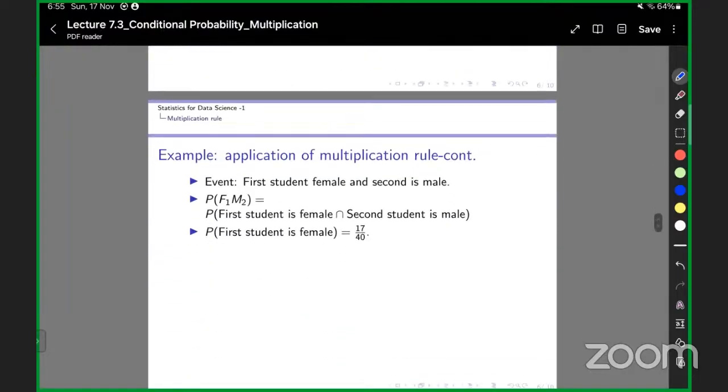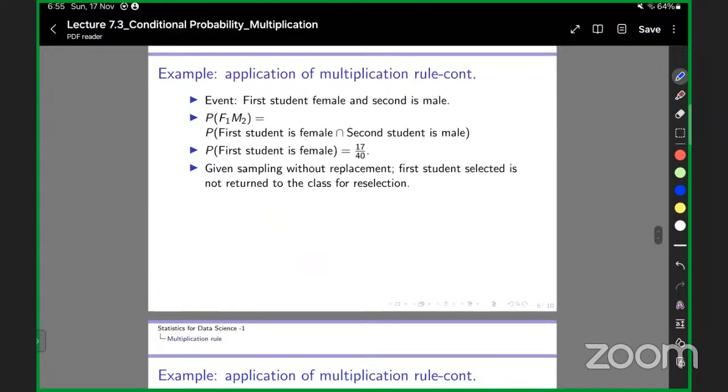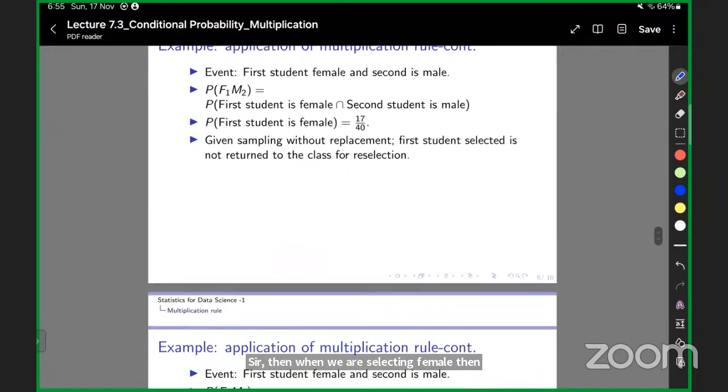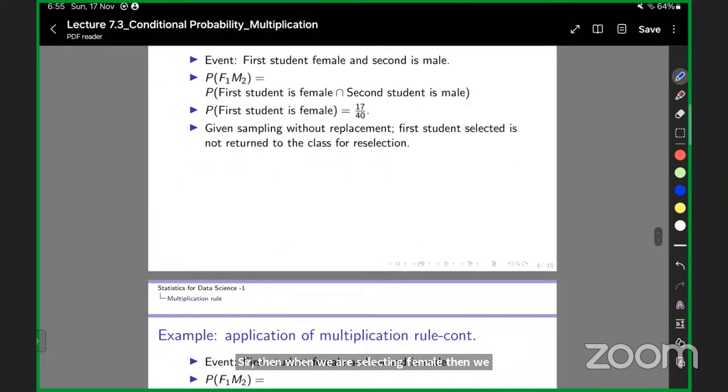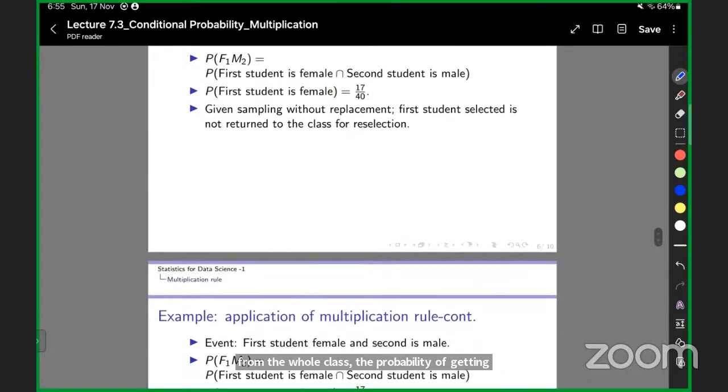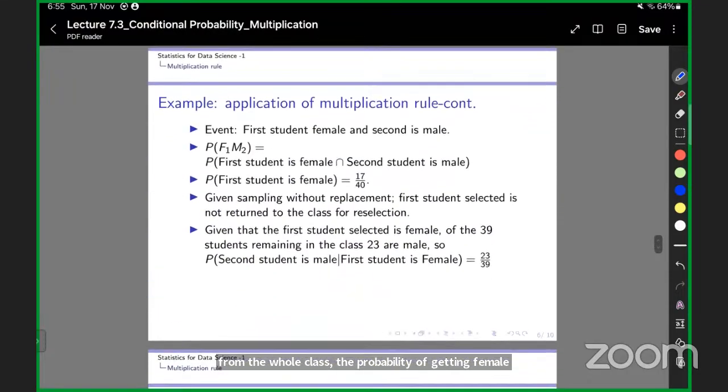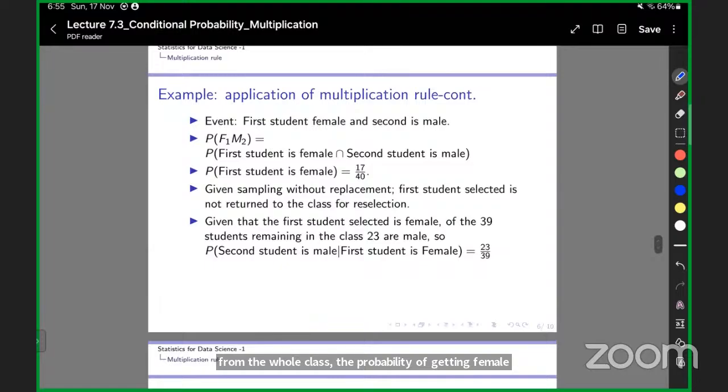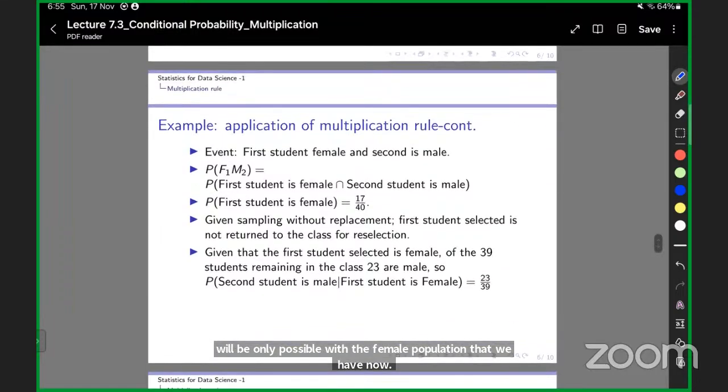When we are selecting female, the probability of getting female will be only possible with the female population that we have. Initially, we didn't know that the selected student is going to end up as female. What we know is we selected two students.